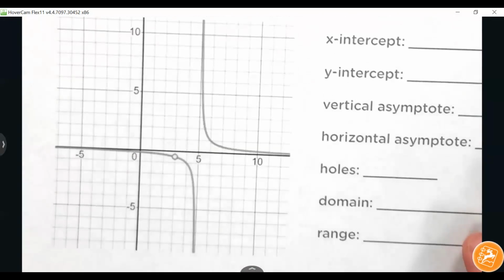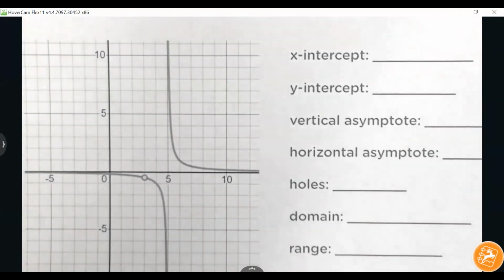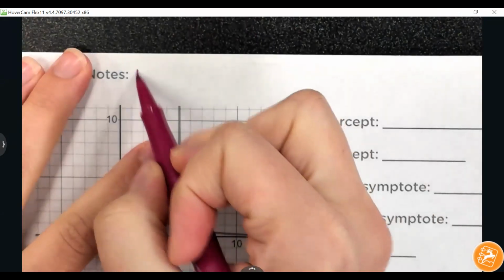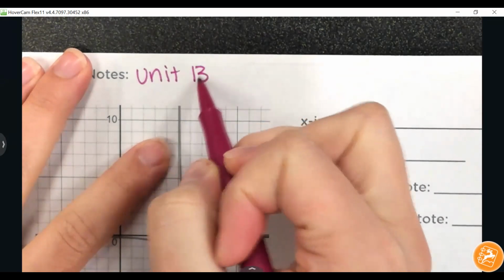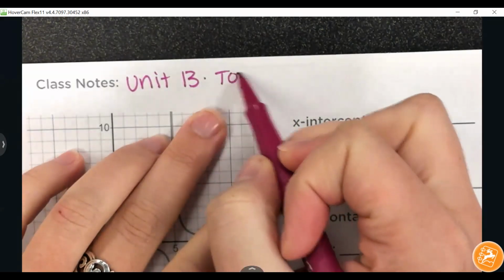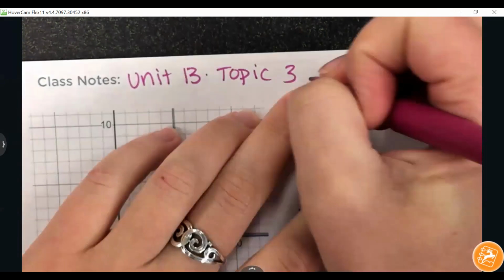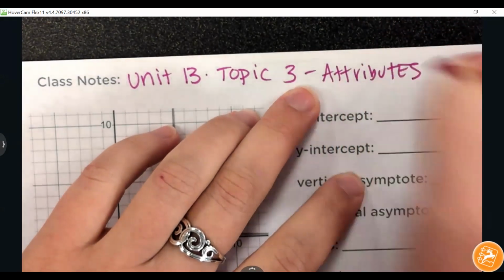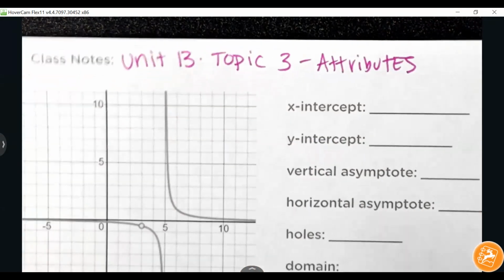So here are our class notes. And if I were you at the very top, I would make sure that I know this is Unit 13, Topic 3, and it's called attributes. Remember, attributes are the characteristics or the descriptions, okay?